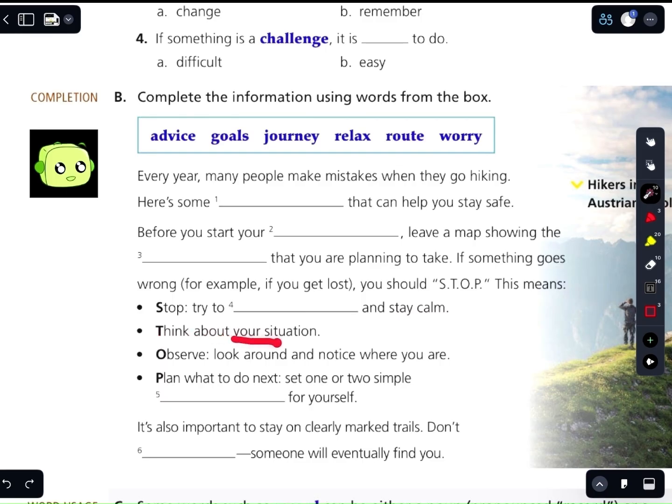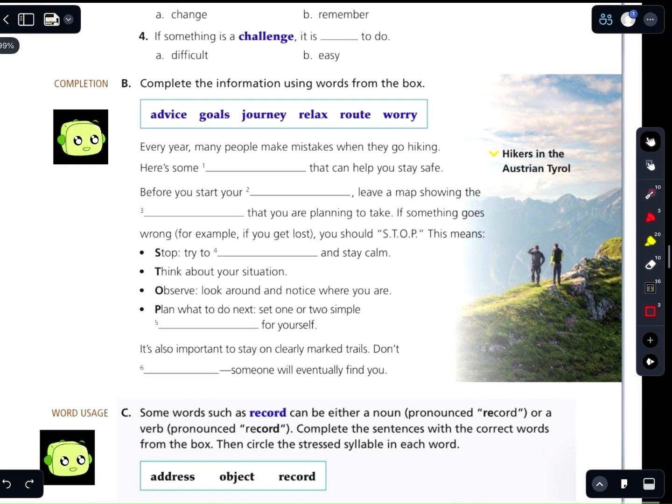T. Think about your situation. O. Observe, look around, and notice where you are. P. Plan what to do next. Set 1 or 2 simple blank for yourself. It's also important to stay on clearly marked trails. Don't blank. Someone will eventually find you.